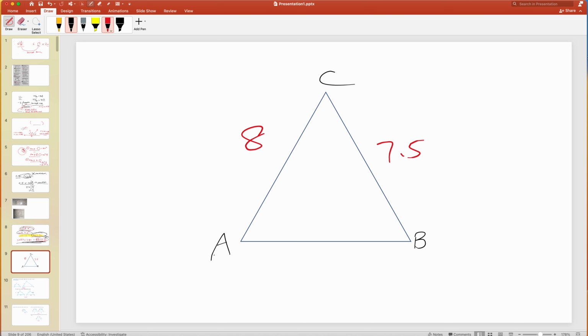Understand? So which angle are they referring to? This angle ABC. Okay, good. So you need to angle bisector this.